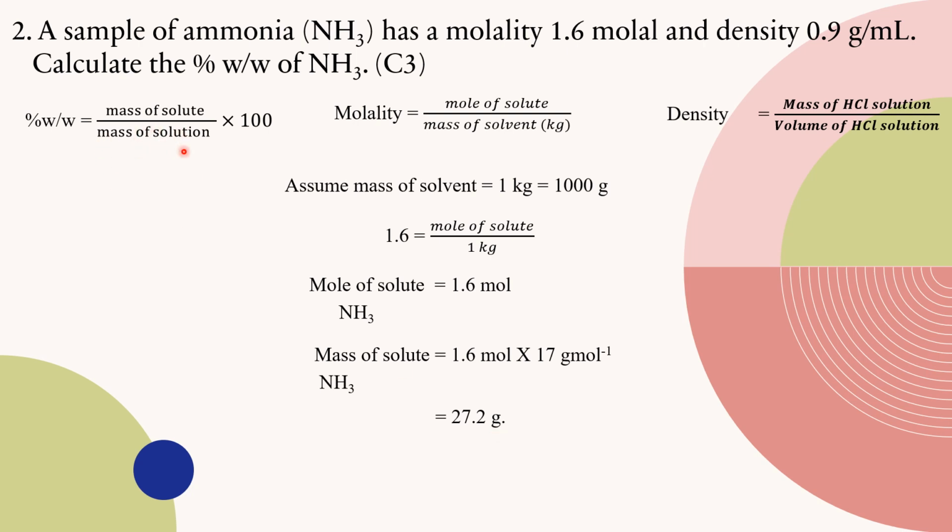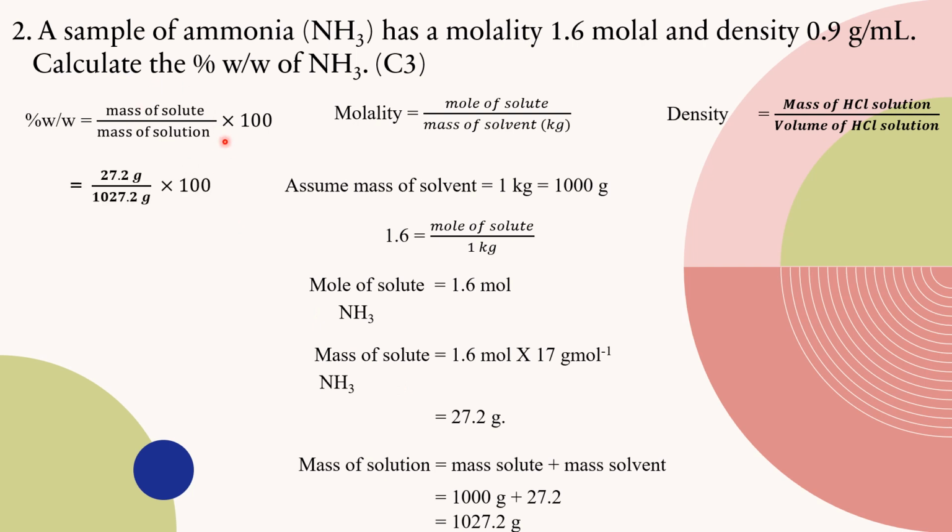So by using the previous formula, mass of solution equals mass of solute plus mass of solvent, which is 27.2 gram plus 1000. So you will get 1027.2 gram, the mass of solution. Substitute the above quantity of the mass to this formula, which is 27.2 gram divided by 1027.2 multiplied by 100.